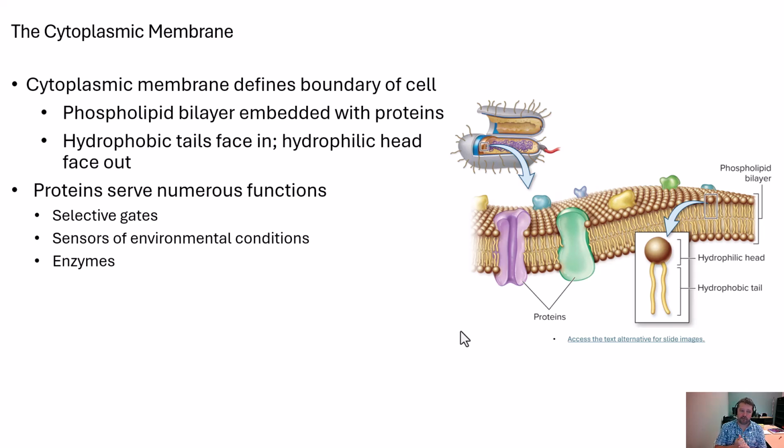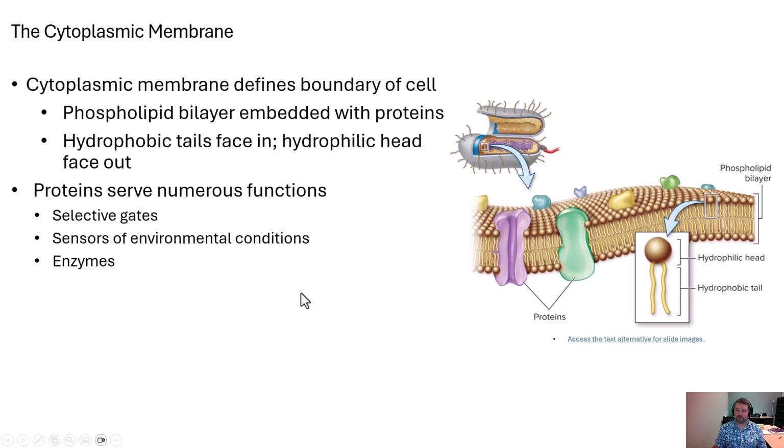They can sense environmental changes and conditions, so you can have heat-sensitive proteins or saline-sensitive proteins that might indicate to the cell that it's time to release more water or conserve water, close off your aquaporins, this kind of thing.